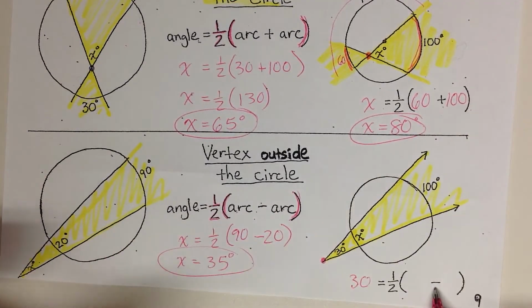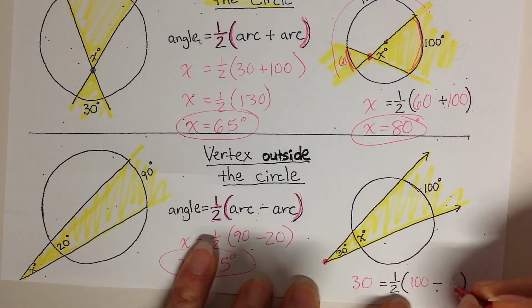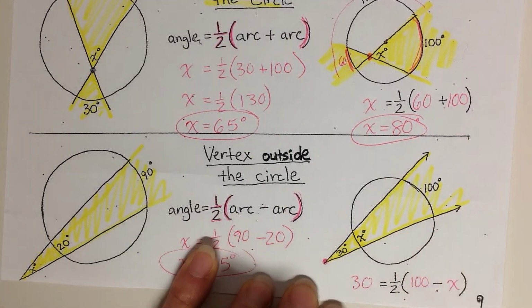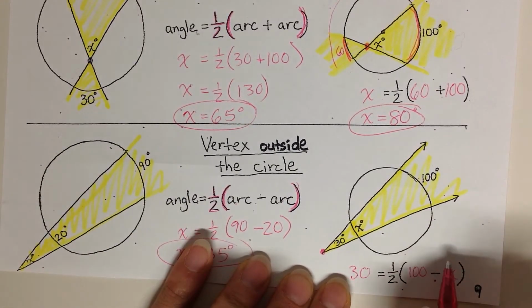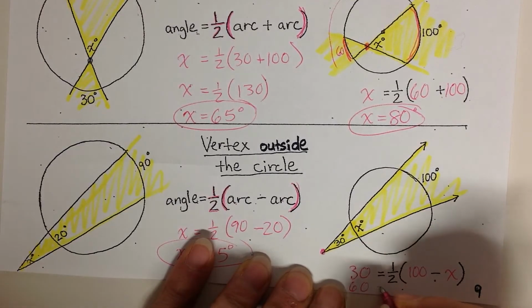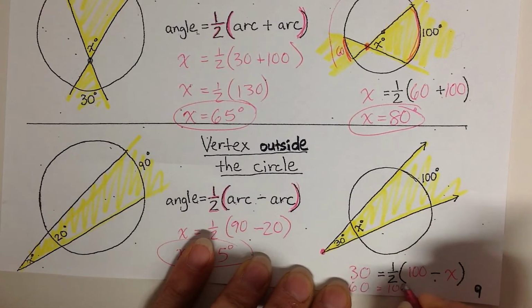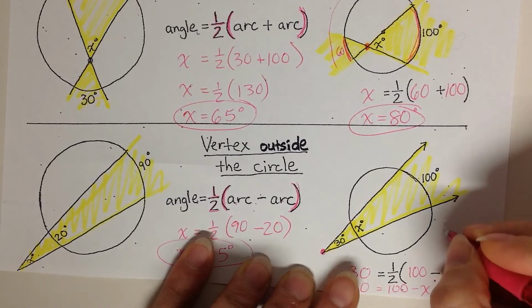Now, I have to do the bigger arc first, which is always further away, minus the closer one. So it's just a couple steps of algebra. You can distribute that, or if you just multiply both sides by 2, you'll get rid of the fraction. Then, 100 minus 40. If I add x and then subtract 60, I get x is 40.